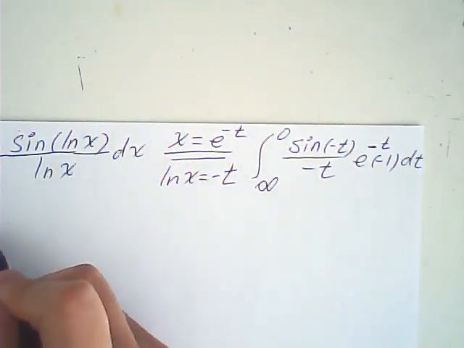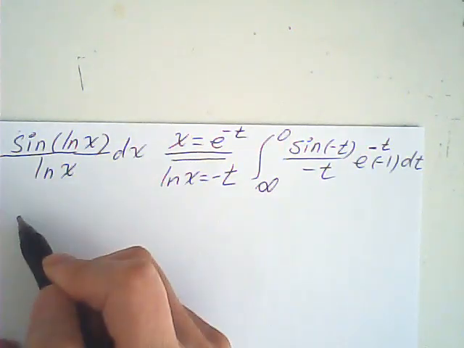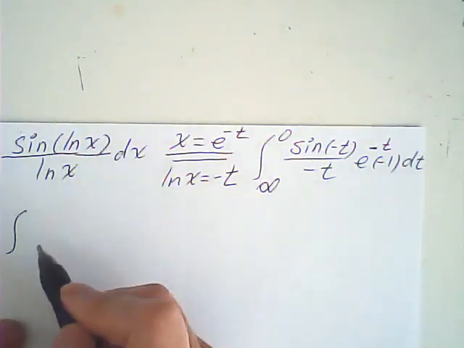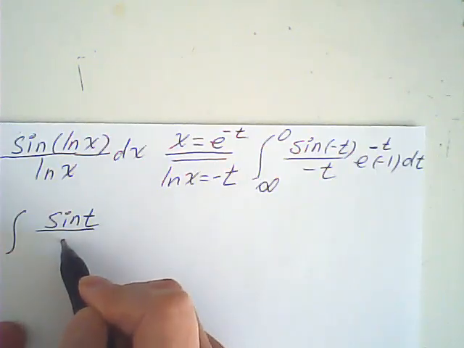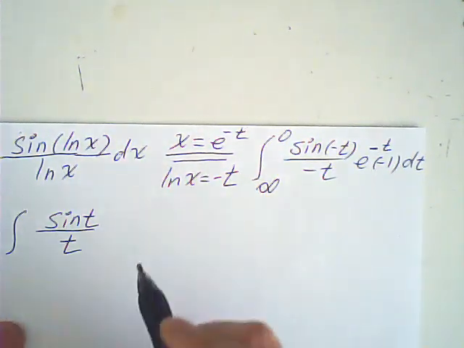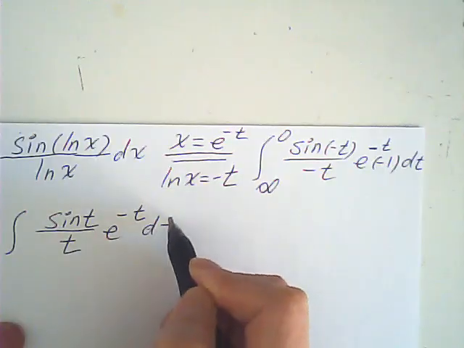Okay, then this one is equal to, negative cancels out, so it becomes sine t over t, and e to the negative t dt.